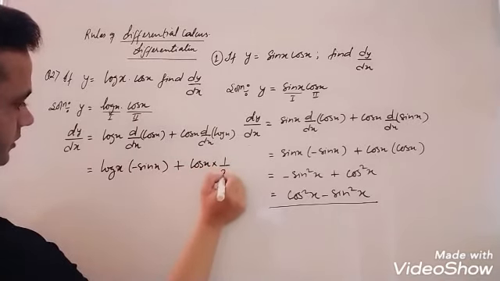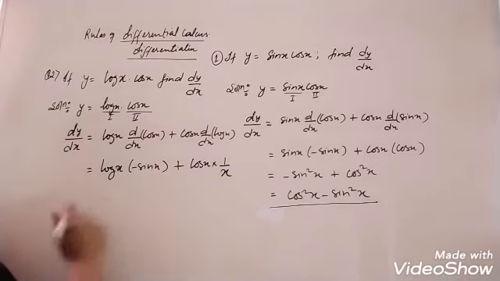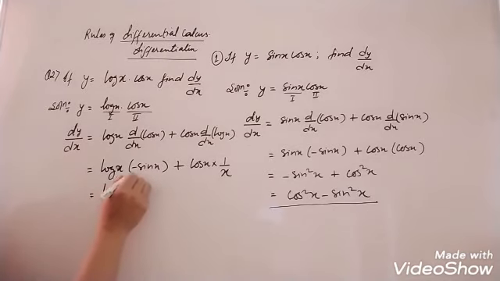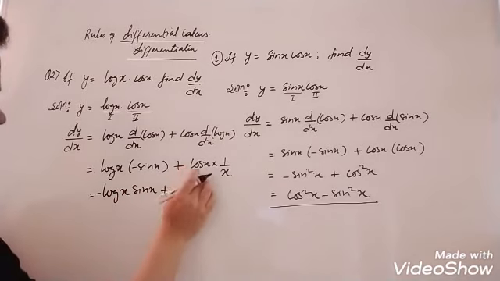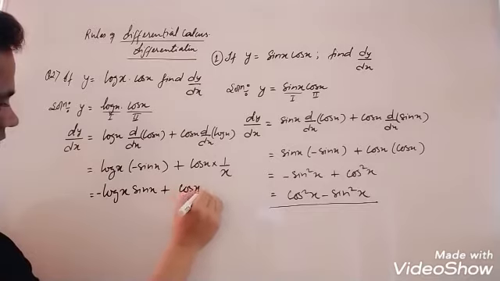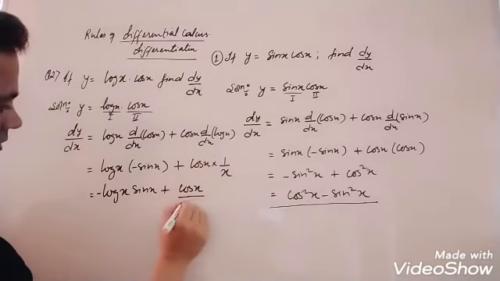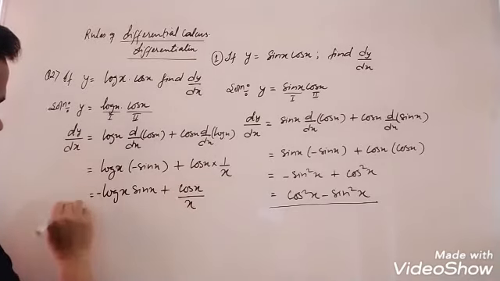It is 1 by x. So this equals minus log x sin x plus cos x divided by x. Now this is the answer.